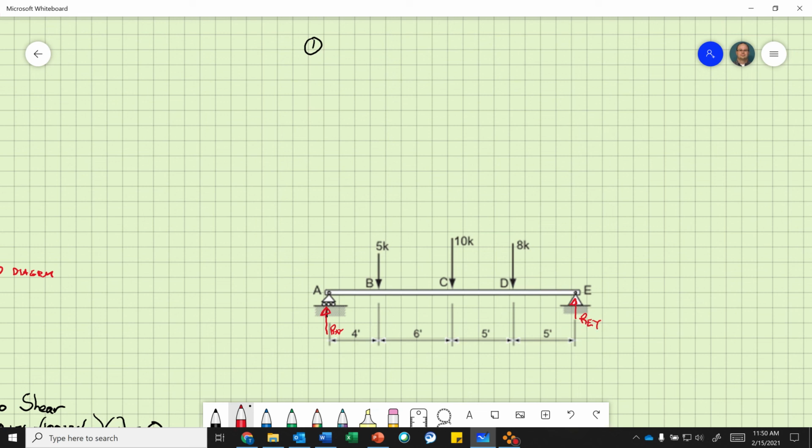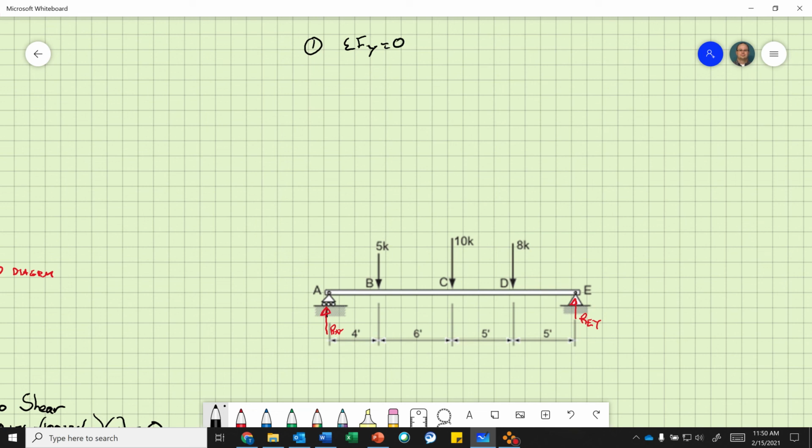Okay, I do not have any horizontal loads, so we know that there's no horizontal force reaction, so I can eliminate that.